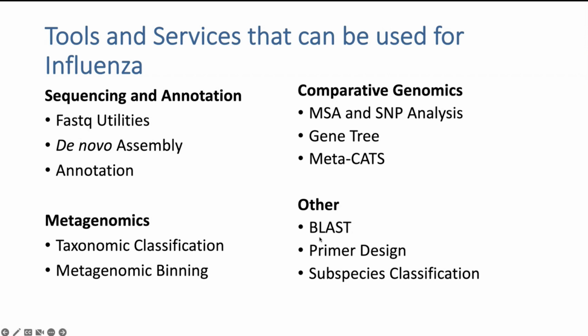We've got the basic things like BLAST, primer design and subspecies classification for the different influenza viruses. And then something that might be new for a lot of people is the metagenomic tools, which include taxonomic classification and metagenomic binning.